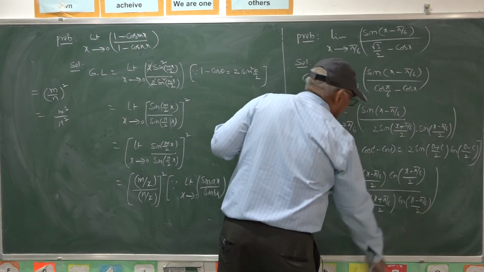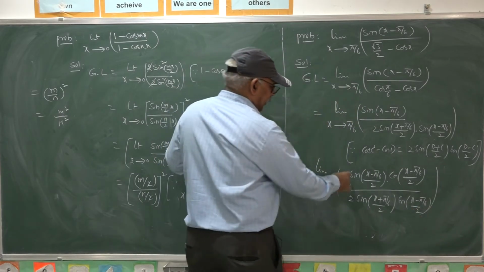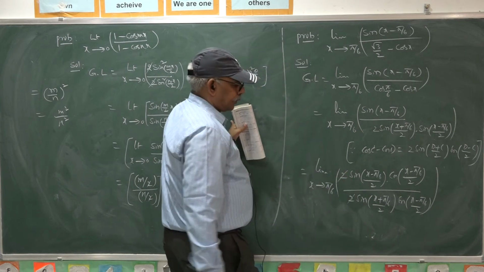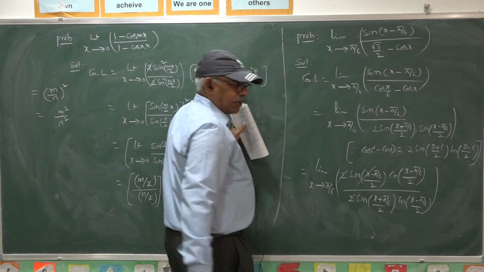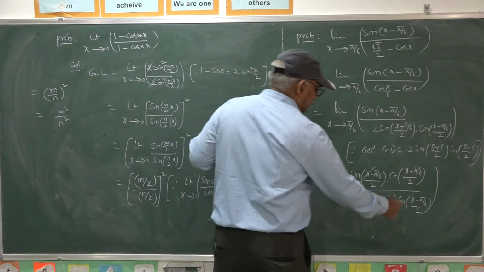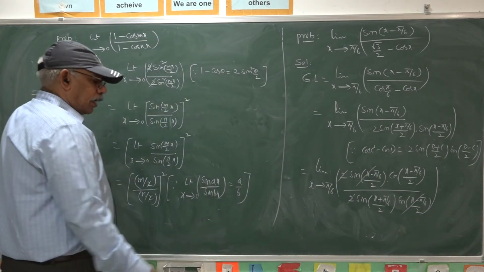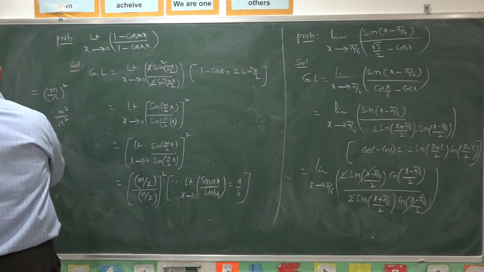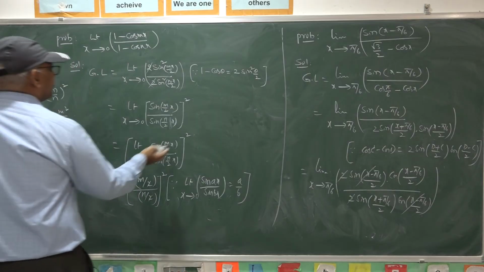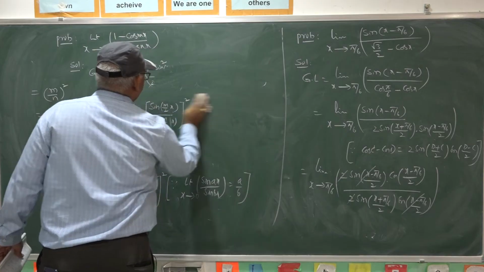Remove the common factors in the numerator and denominator. That is, you can remove 2 and you can remove sin of x minus pi by 6 by 2. Apply limit to the remaining function straight away as x goes to pi by 6.